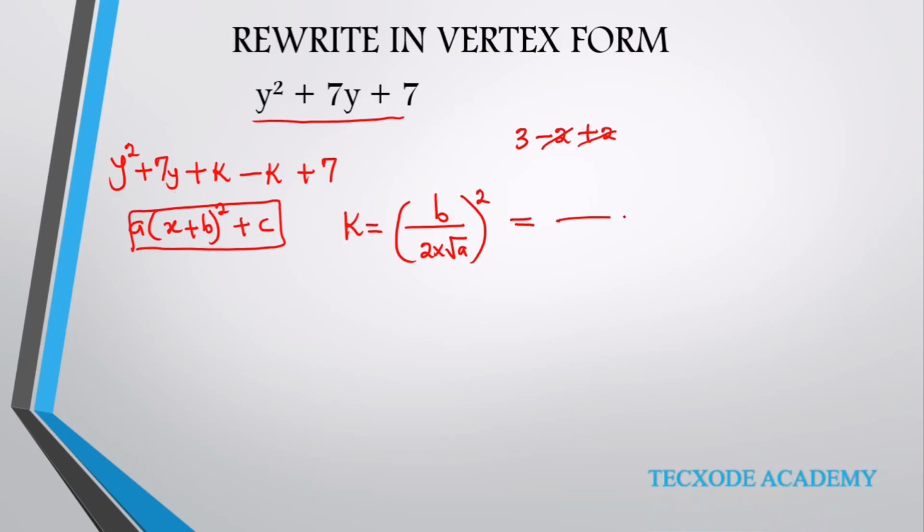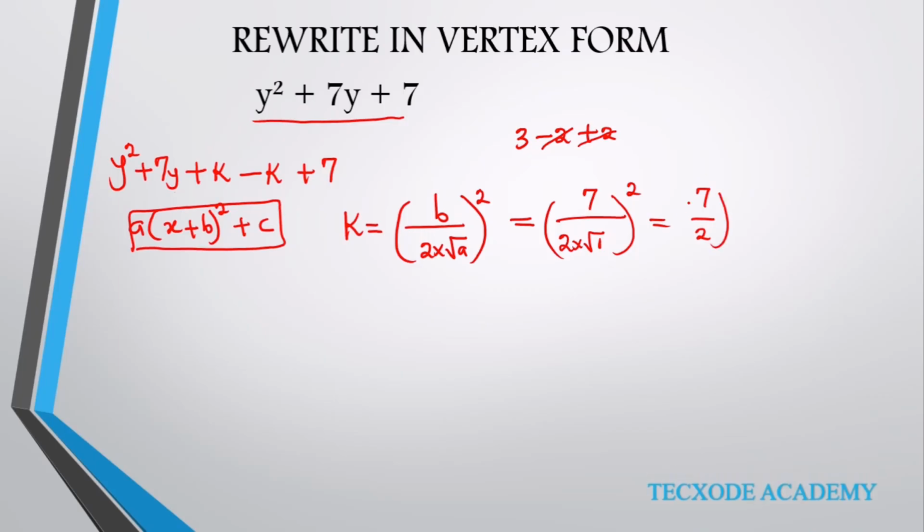So I can tell that a would be 1 and b is 7. So 7 divided by 2 multiplied by the square root of 1, all squared. So I could do 7 over 2 all squared. You can agree with me that that will be 7 times 7, 49, and 2 times 2 is 4.